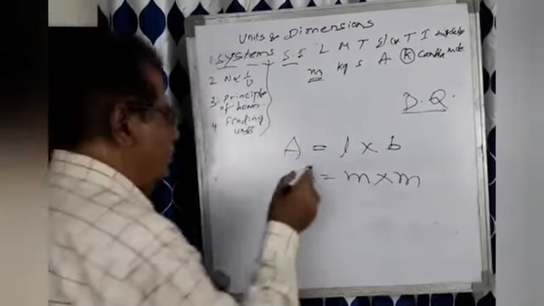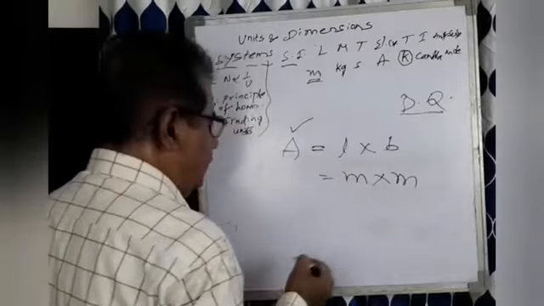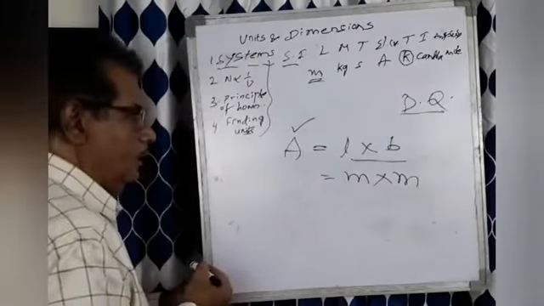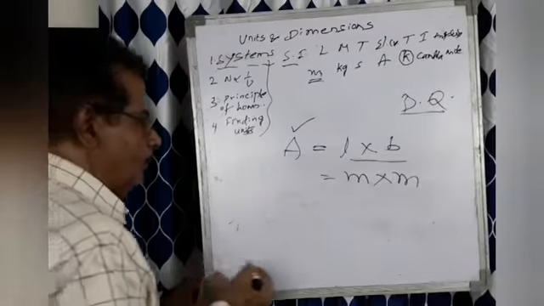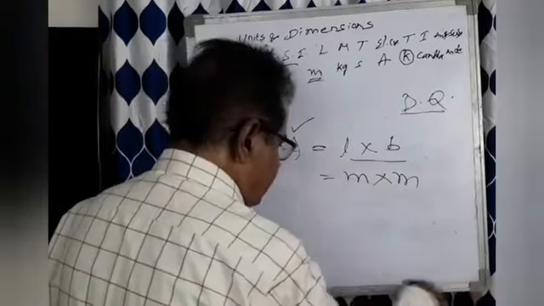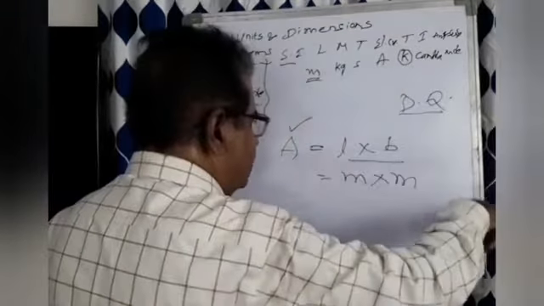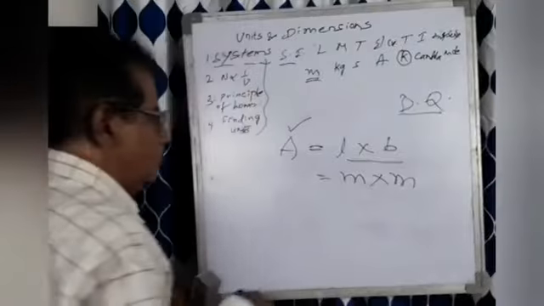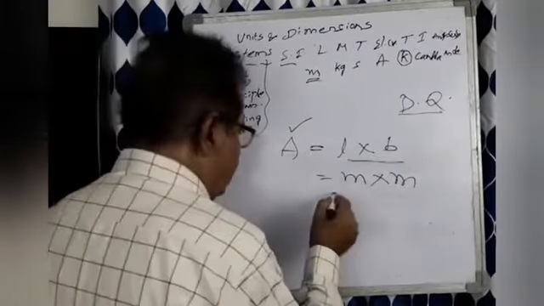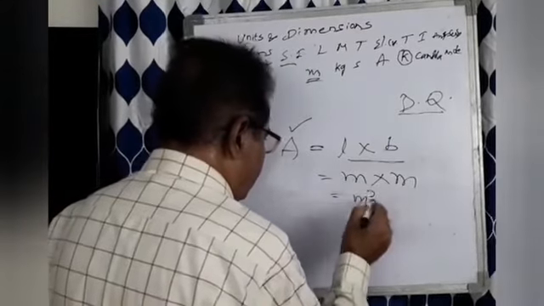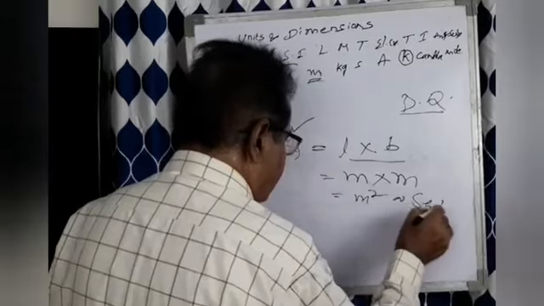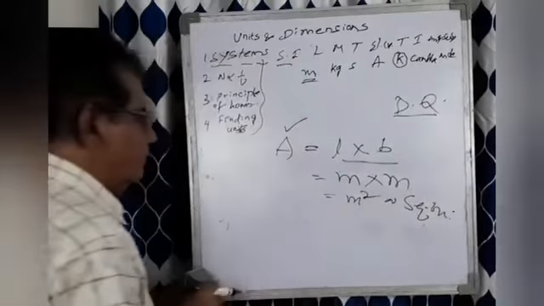So meter into meter. If you want the unit of area, you should know its formula: for a rectangle, L into B, M into M. LBH are all lengths only, measured in meters. So meter into meter, meter square. Meter square you can call a square meter. Like that you got the unit of area.